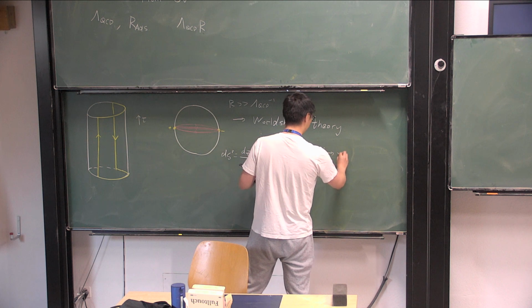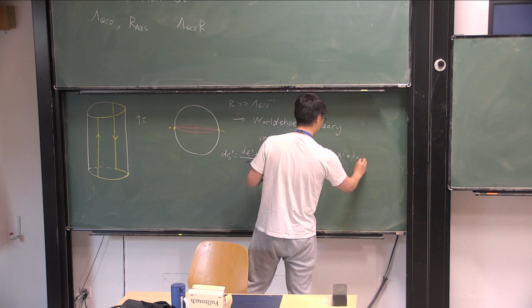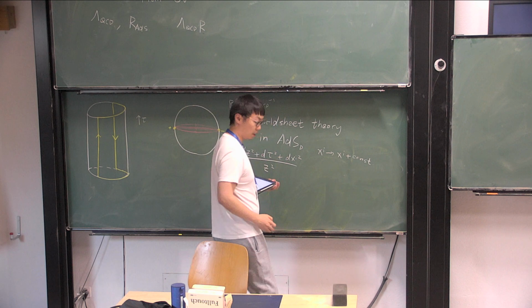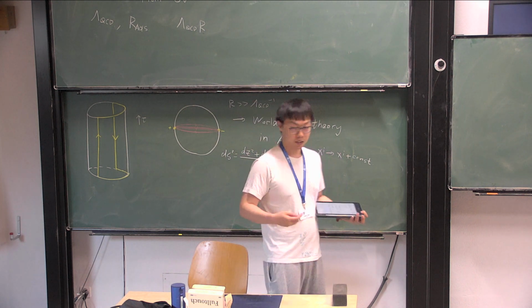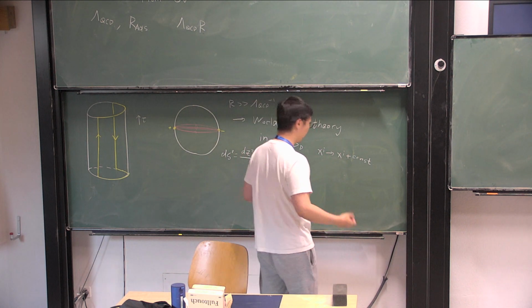Namely, you can shift xi to xi plus constant. So in flat space, the symmetry gives us Goldstone modes, which are massless.